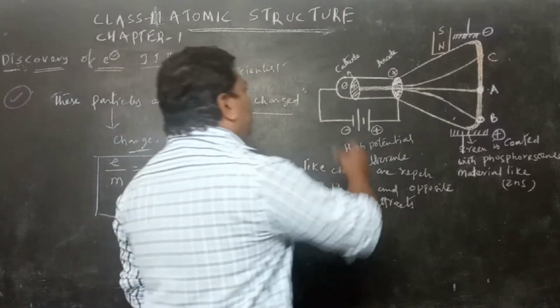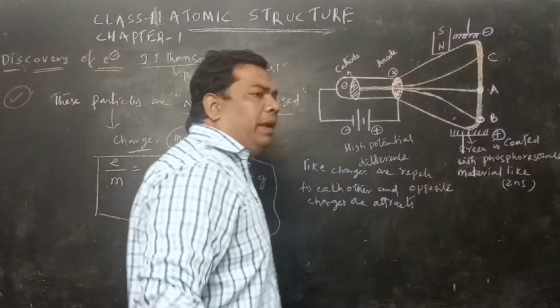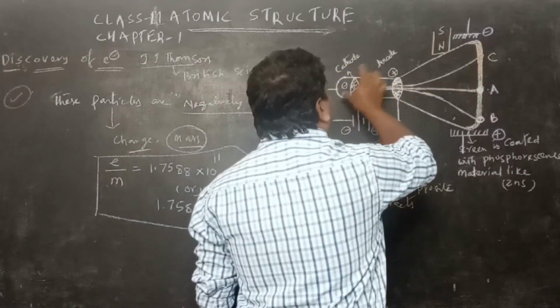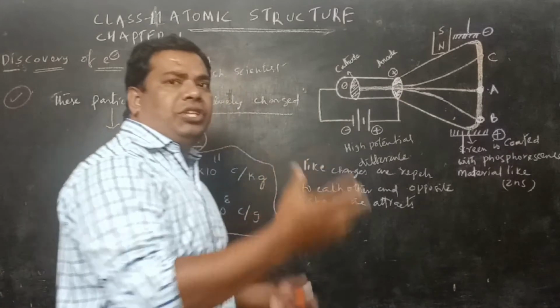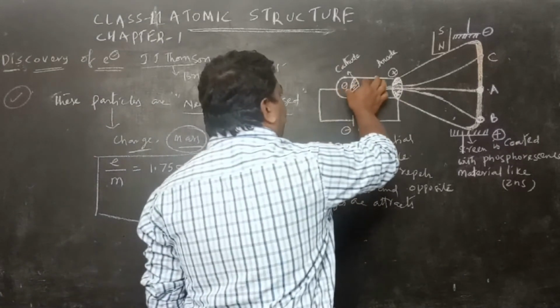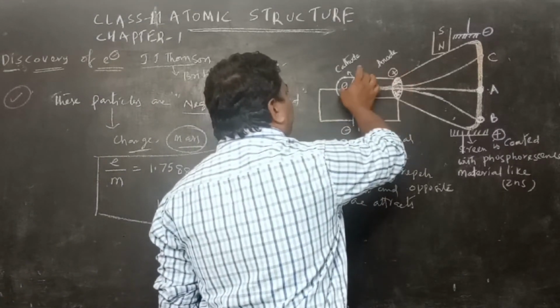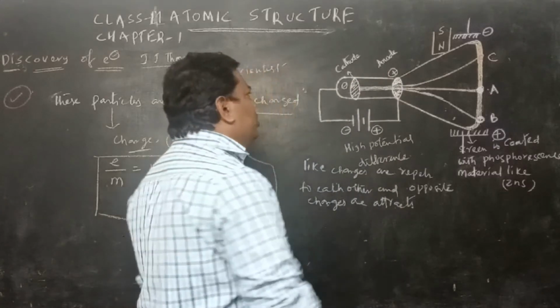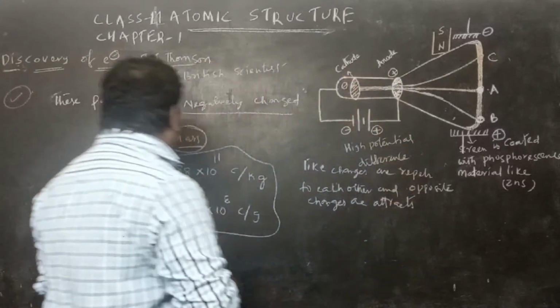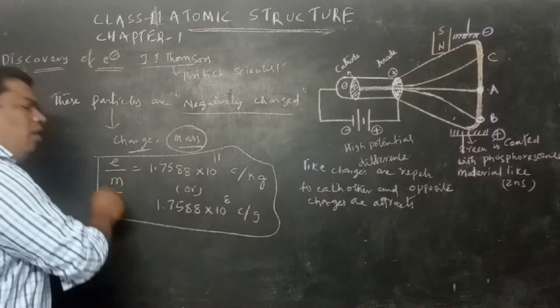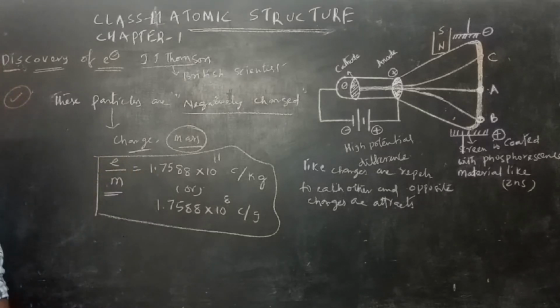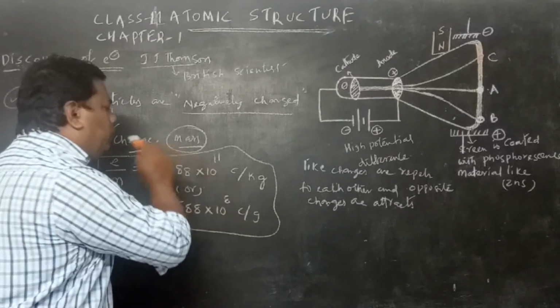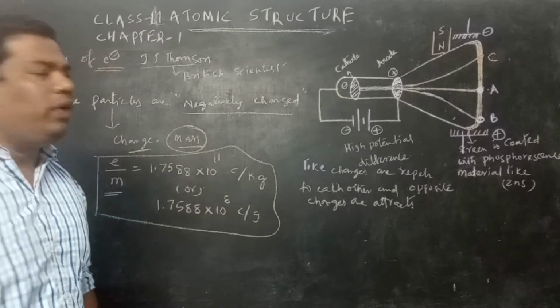He did the experiment using several metals. He changed the metals of the cathode and anode, and he got the same e/m value for all metals, equal to 1.7588 × 10^11 coulomb per kg.